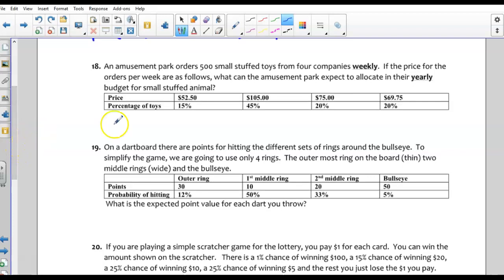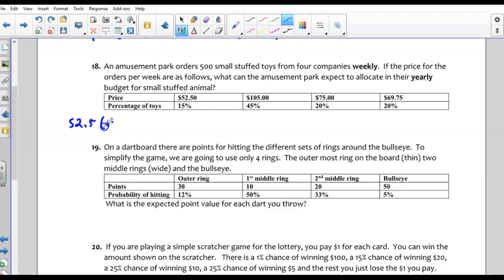18. An amusement park orders 500 small stuffed toys from 4 companies weekly. If the prices for the order per week are as follows, what is the amusement park expected to allocate in their yearly budget for small stuffed animals? All right, so 15%. Well, let's see. They got 52.5.